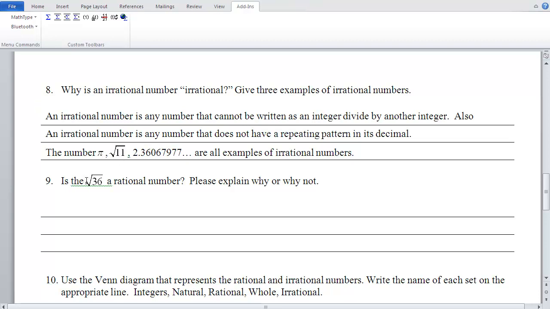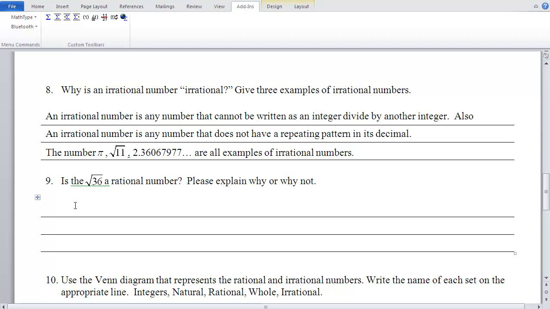So let's go down to number 9. It says, is the square root of 36 a rational number, and please explain. So is it? Well, think about it. Just because it's a square root does not mean it's automatically a rational number or an irrational number.